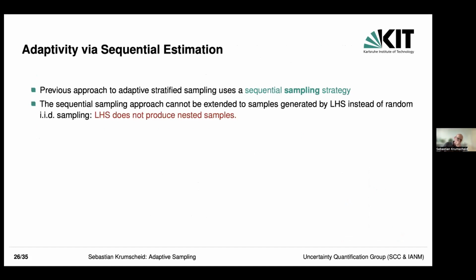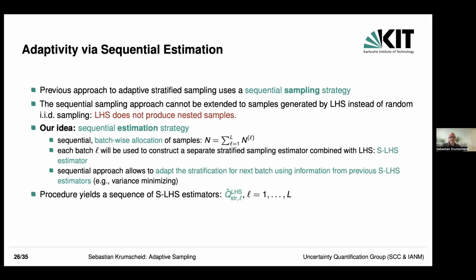If we want to do something about this, we have to change our approach, and our viewpoint therefore was, instead of doing sequential sampling, we do sequential estimation. We're still decomposing our total budget capital N into batches of smaller size N_L, so now we have L batches.